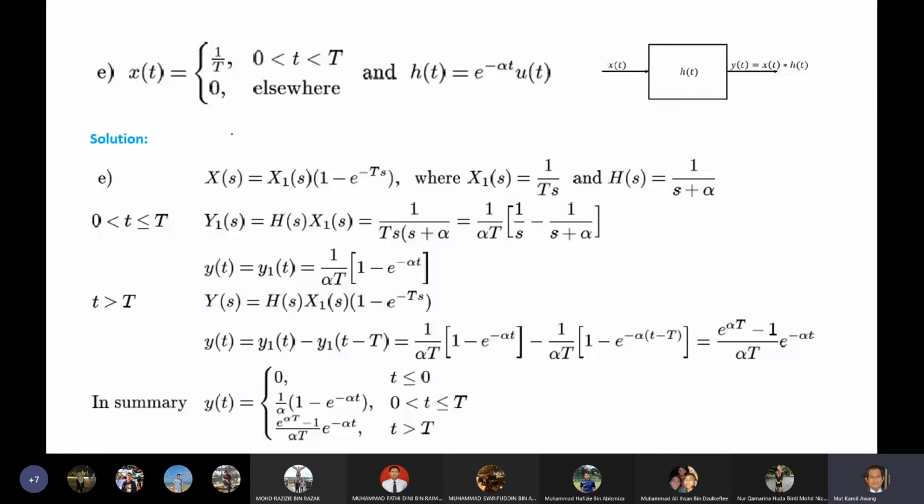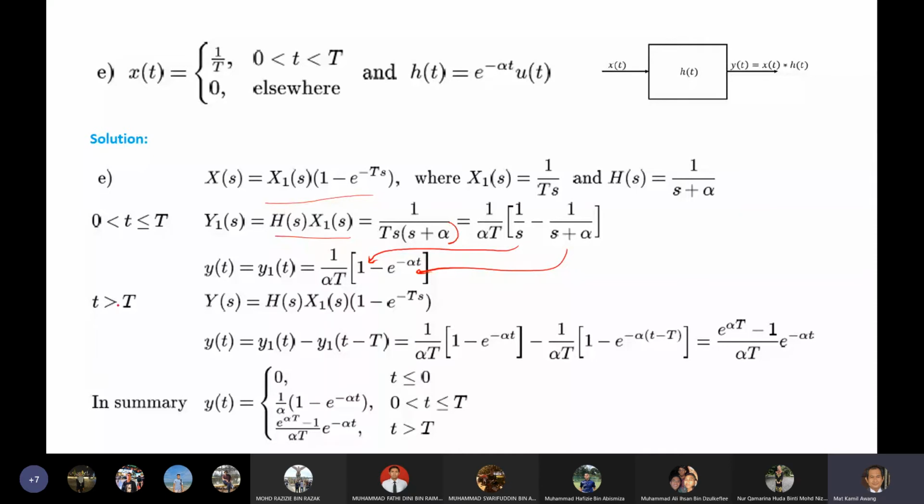So x of s is basically this. From 0 to capital T, you can multiply by that. So you get this. And from here, you can use the inverse Laplace transform. So you get this. This part is this, and this part is that. Okay.